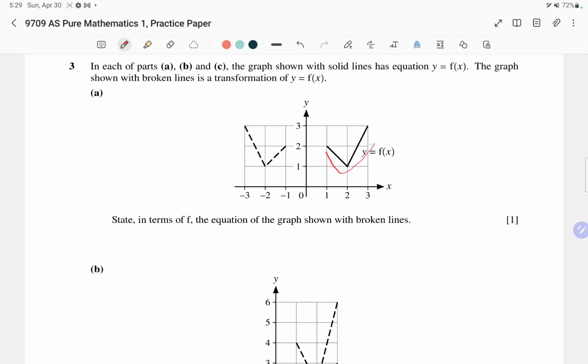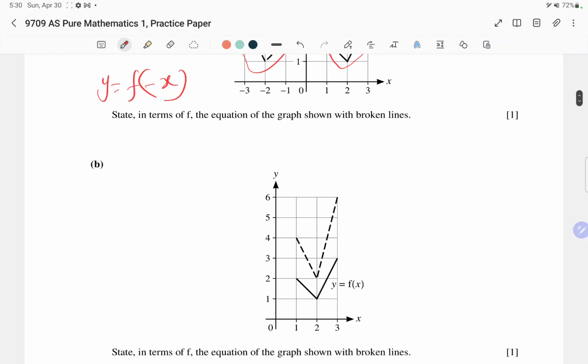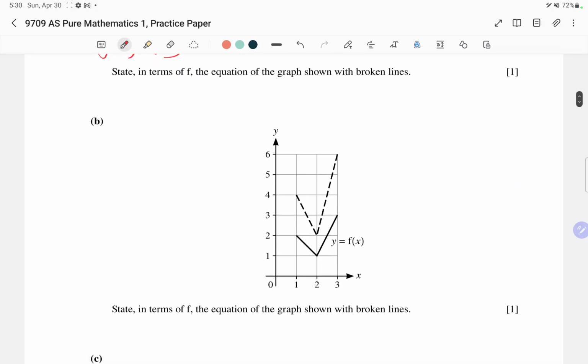So this and this, these are mirror images of each other, right? So a mirror image is written as y equals f of minus x, and a mirror image with respect to the x-axis is y equals minus f(x). But part b is not that.